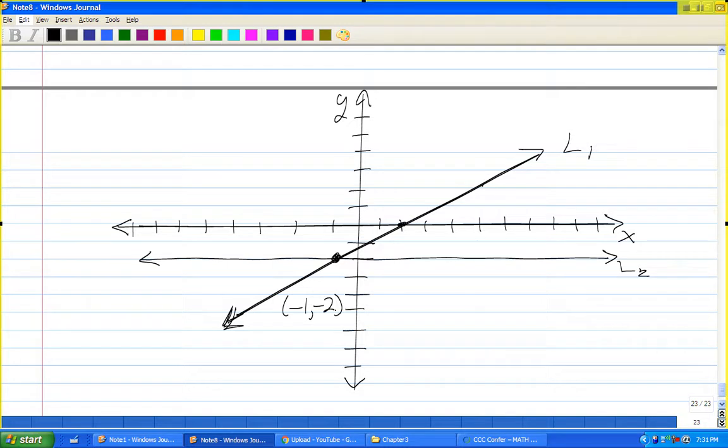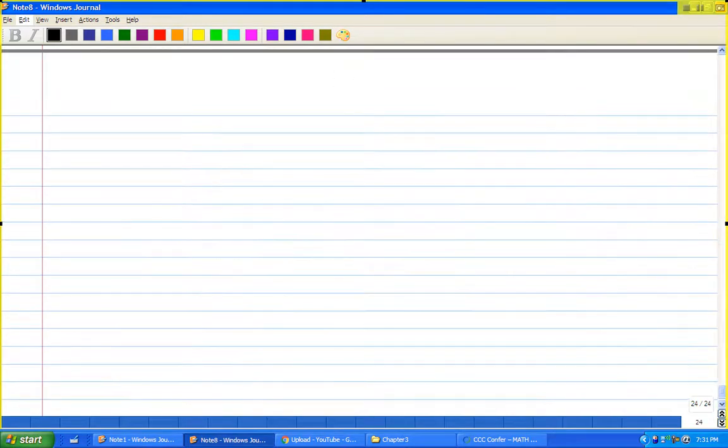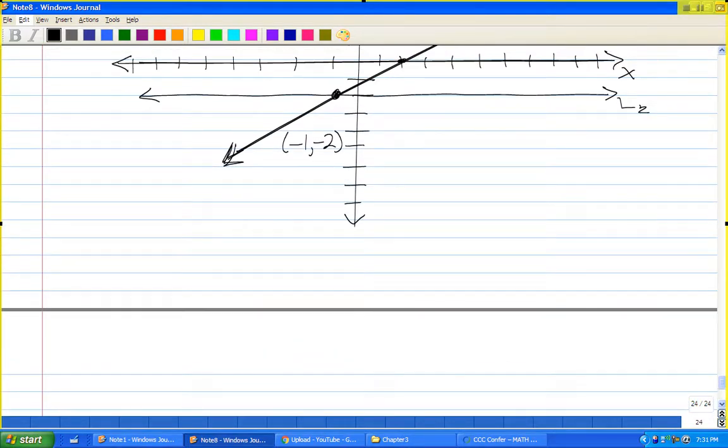So let's check. Let's see if that's the actual intersecting point. Let's check if the point (-1, -2) solves the first equation.